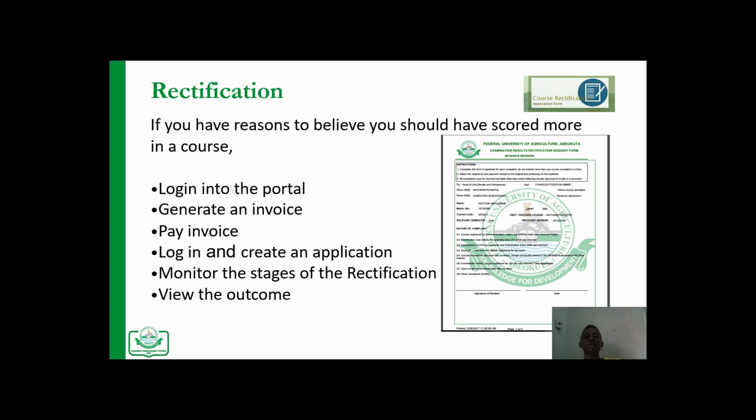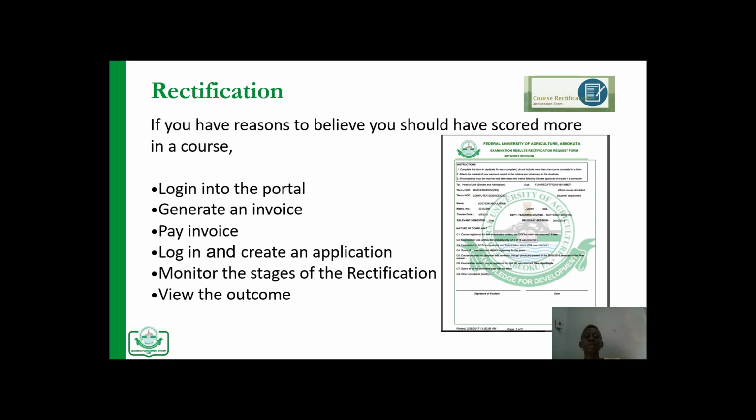Rectification. In FUNAB, you have the opportunity to rectify a course if you believe you should have scored more in that course. How do you do this? Once you've seen your results and it is rectification time, at the specified time, you have to log in to the portal, portal.unal.edu.ng. There is a module that reads course rectification to allow you to generate an invoice for course rectification.